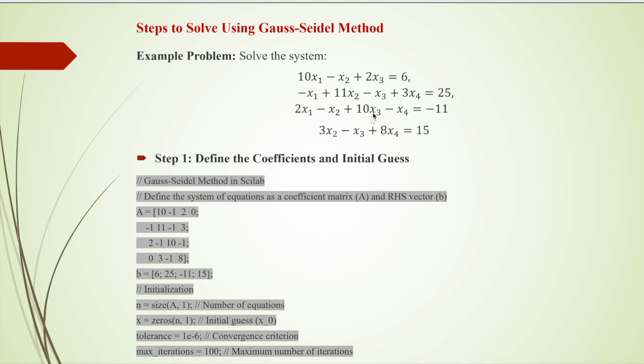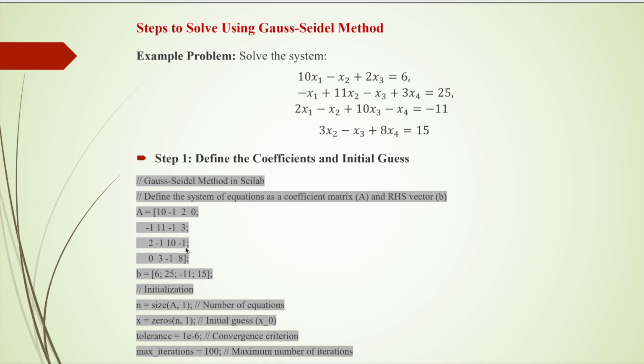and this is the matrix A, and this 6, 25 is the right hand side vector. Step 1: define the coefficients and initial guess. For the Gauss-Seidel method in Scilab we have defined the coefficient matrix A, with these equations 10, minus 1, 2, and the fourth variable x4 coefficient is 0.